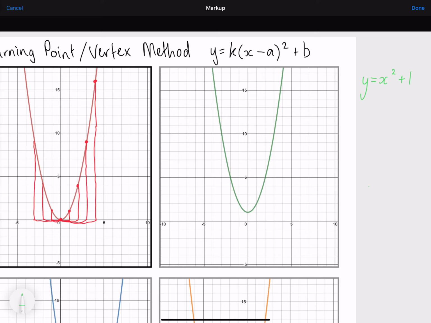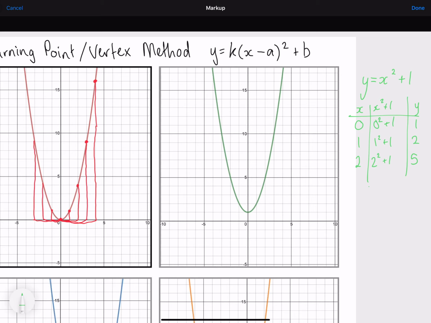We could substitute in some points to help us. If we set up our table, this is x, this is our formula, and that's going to give us the y. If x was 0, well, I've got 0 squared plus 1, which is 1. If x was 1, I've got 1 squared plus 1, which is 2. If x is 2, I've got 2 squared, 4, plus 1, which is 5.